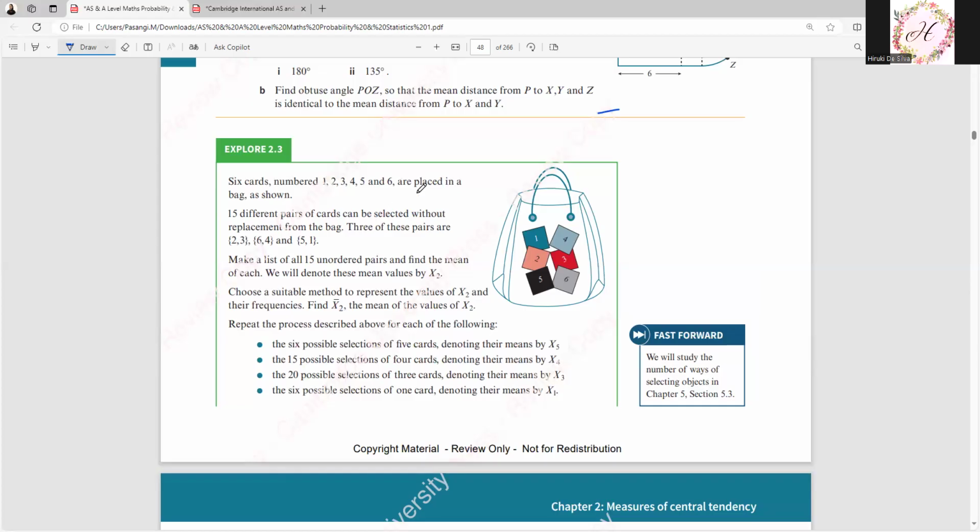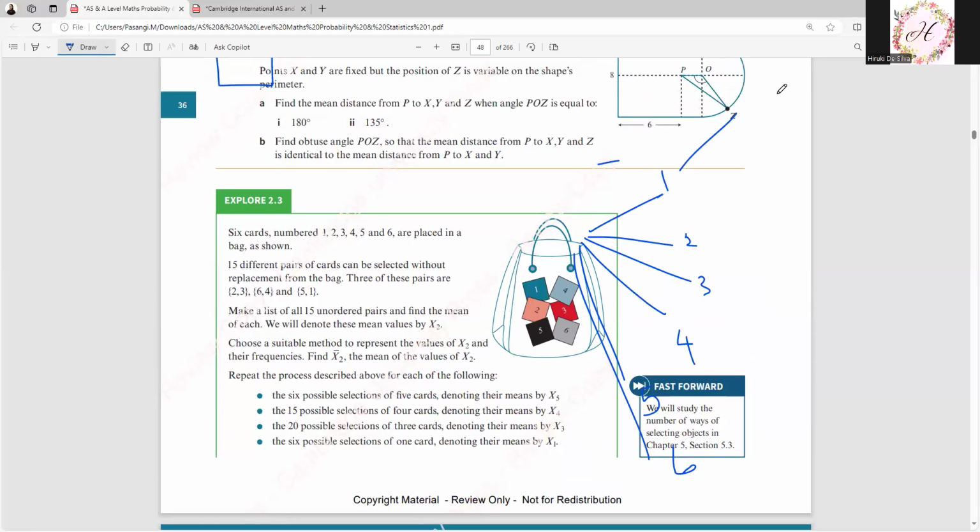How does it happen? For the first choice, we can have either 1, 2, 3, 4, 5, or 6. Without replacement means we are not putting it back. Then for the second choice, we have only 5.